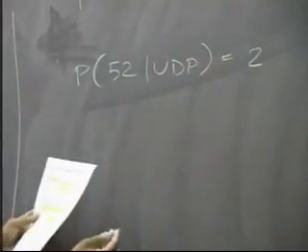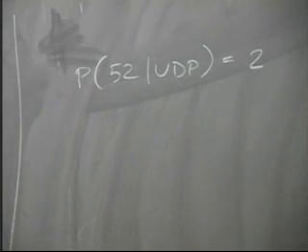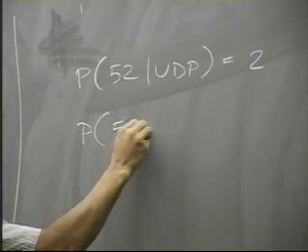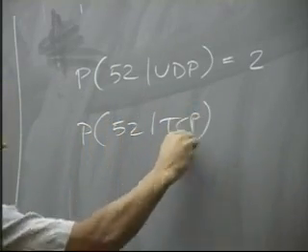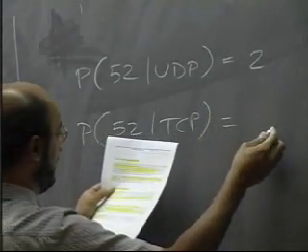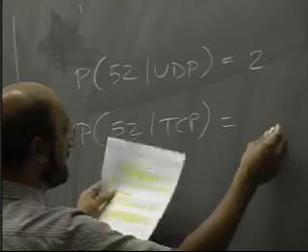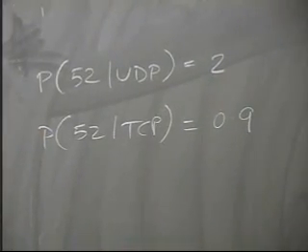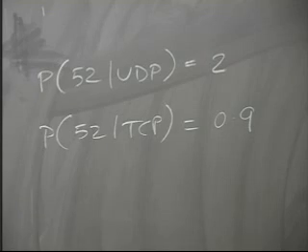And let's also assume, I'll just tell you, that P(52 given TCP), meaning what fraction of TCP packets are 52 bytes, is 0.9. So 90% of TCP packets are 52 bytes long. I just had that measurement as well.